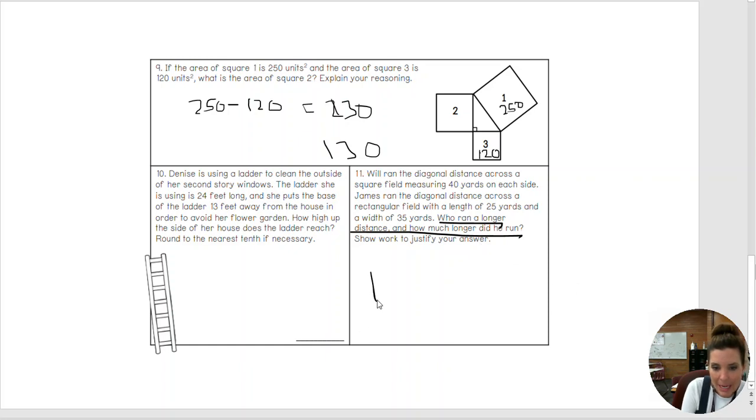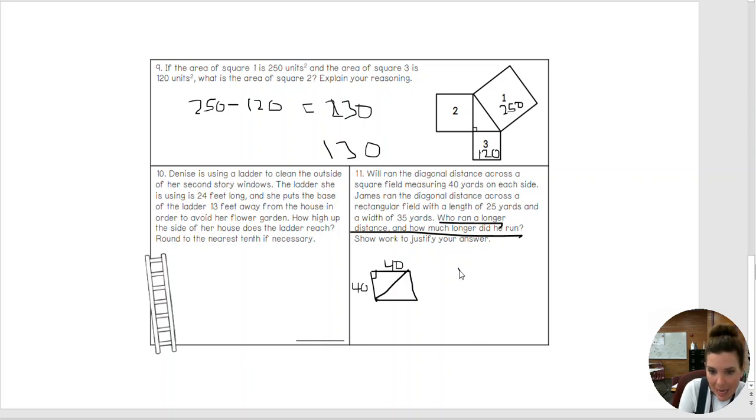So let's go ahead and draw a picture for the distance that James ran. Oh, Will. Okay, Will ran across the diagonal of a 40 by 40 field. Okay, so that means he ran from here to here. And we need to find out the length of that diagonal.